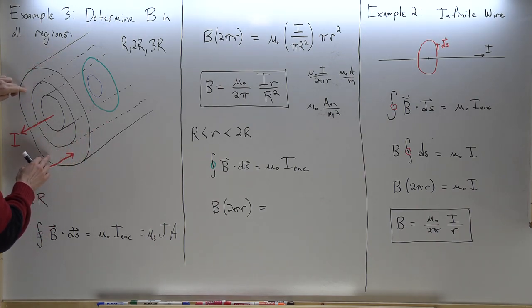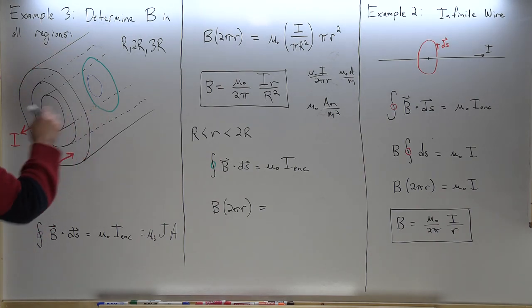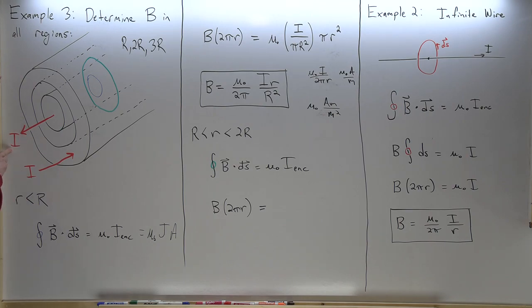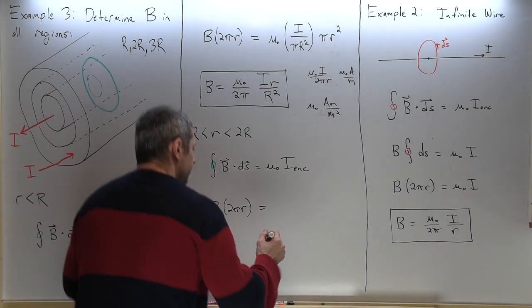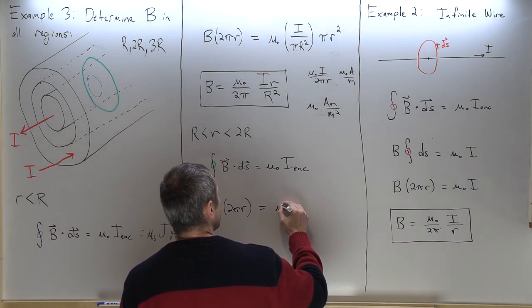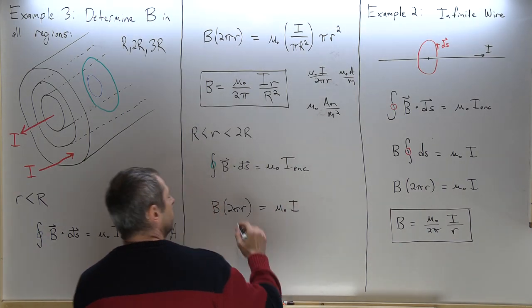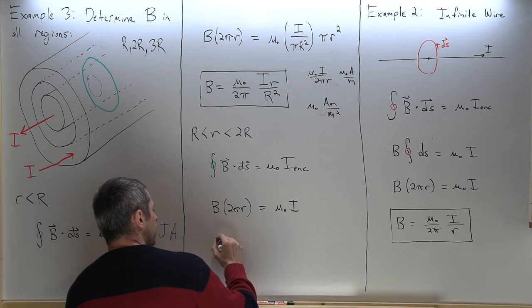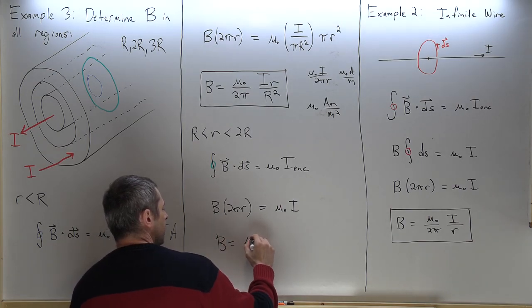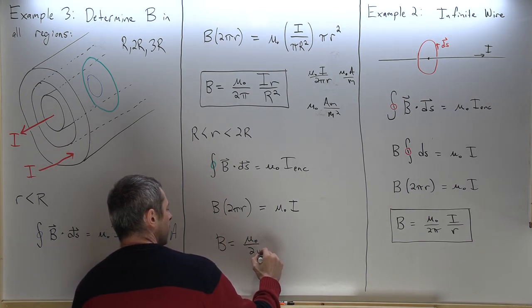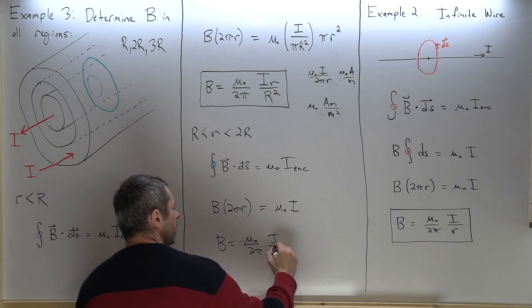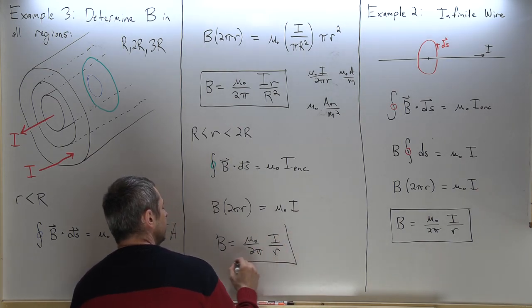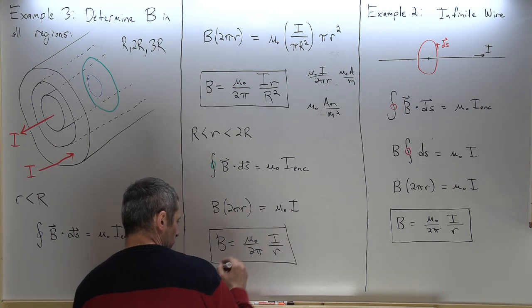So none of this outer I goes through that green circle, only this I right here of the inner conductor. So we just have mu 0 I. So we divide by 2 pi r. And we have the magnetic field around an infinitely long straight wire.